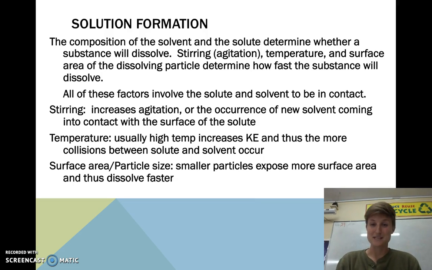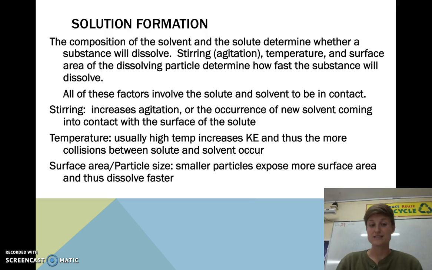The second one is temperature. As temperature increases, kinetic energy also increases, and so this helps more collisions occur, and those collisions again take more parts of our solute away and become part of the solution.